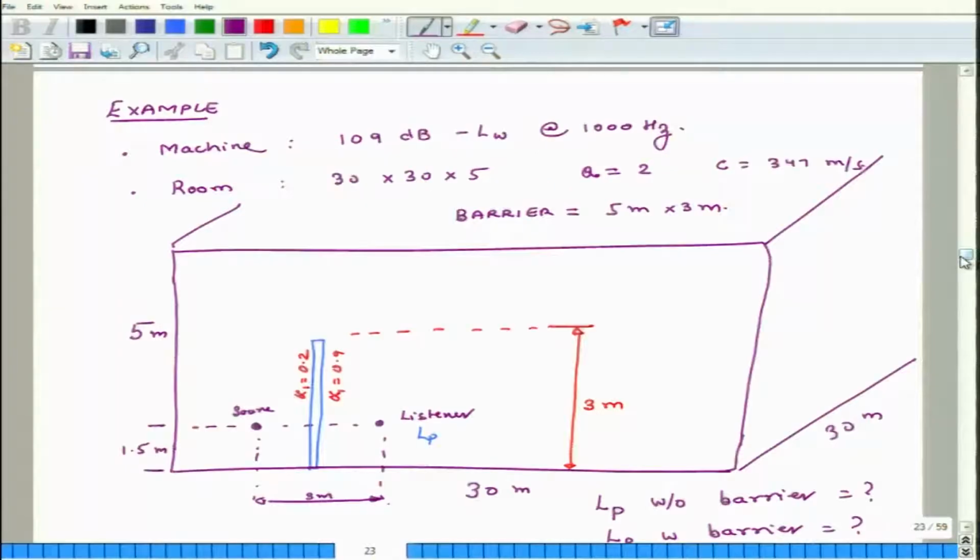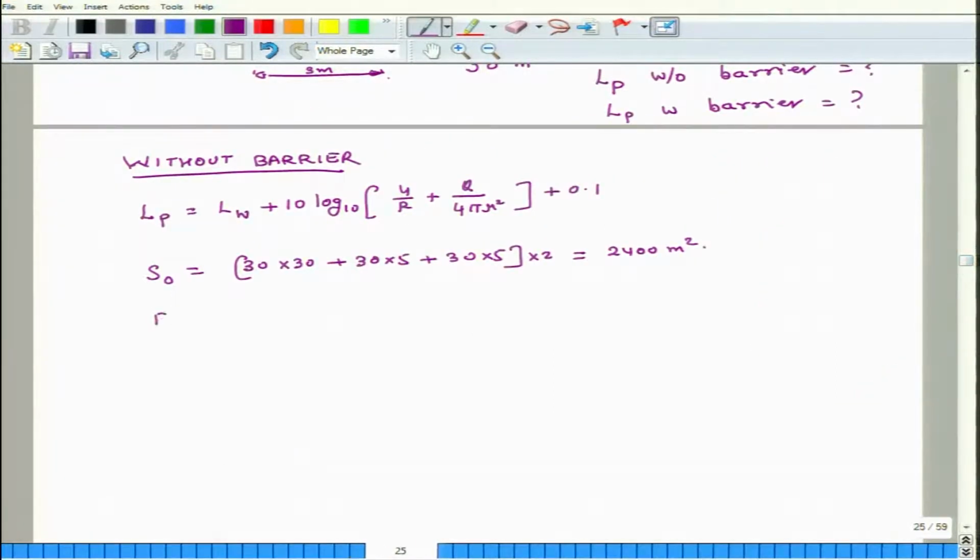And then I forgot to add one data which is also given, that the average surface absorption coefficient of the room is 0.35. Okay. So, with that understanding, the room constant is what? Alpha bar times S naught divided by 1 minus alpha bar, and that works out to be 1292 square meters. So, now I know R.